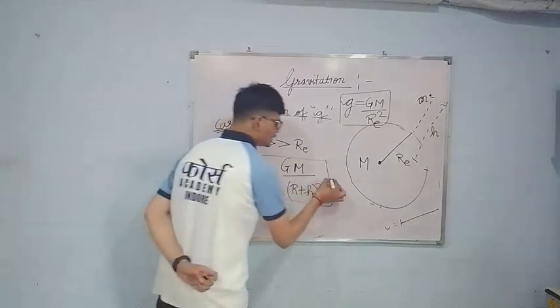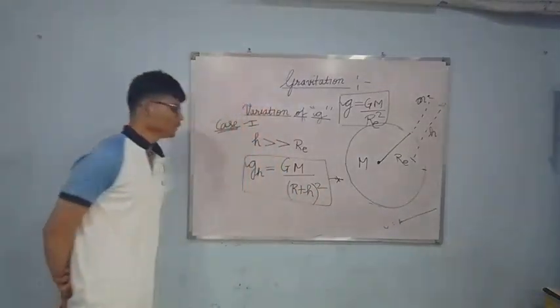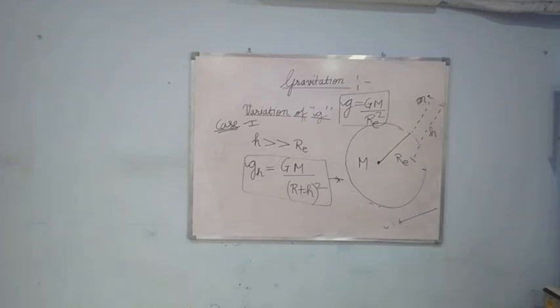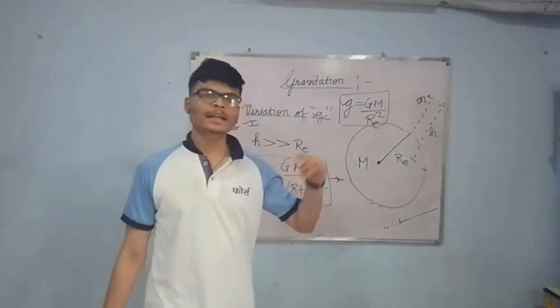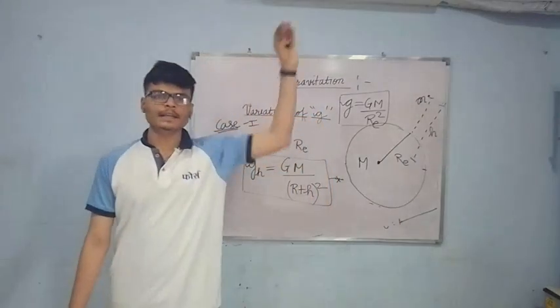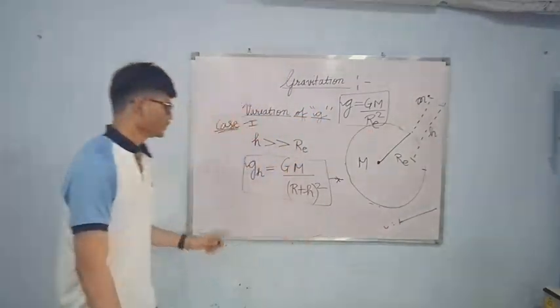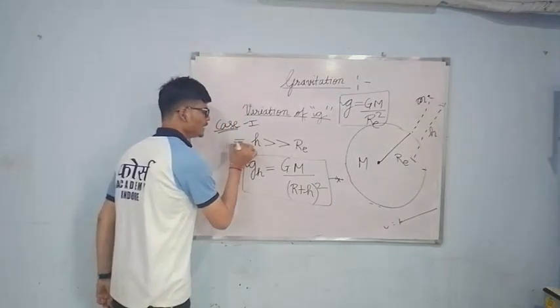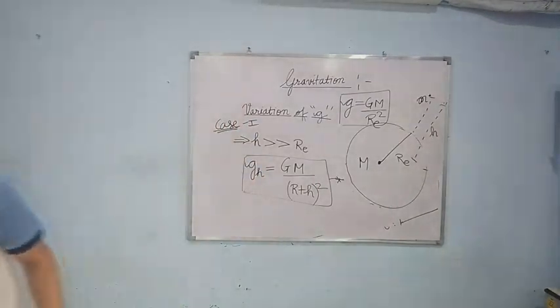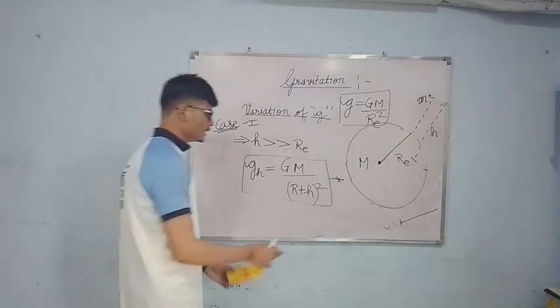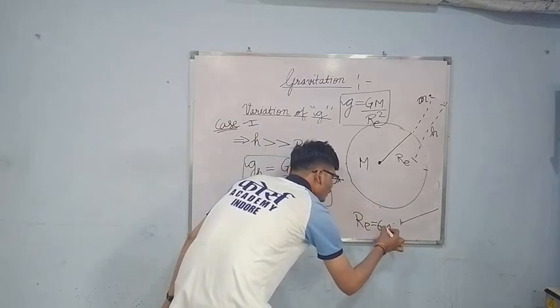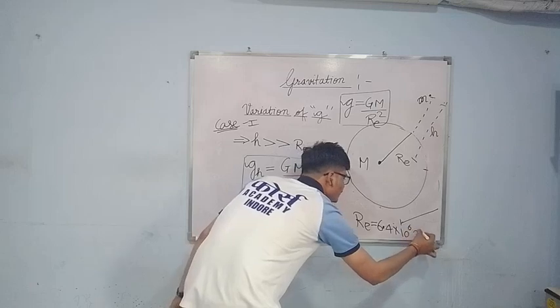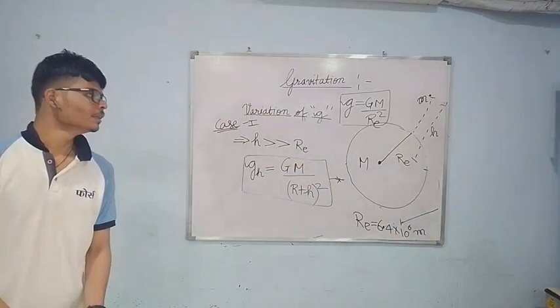This will be the standard formula to calculate the value of acceleration due to gravity at an h height above the Earth's surface. The radius of Earth is 6400 kilometers or 6.4 into 10 to the power 6 meters.